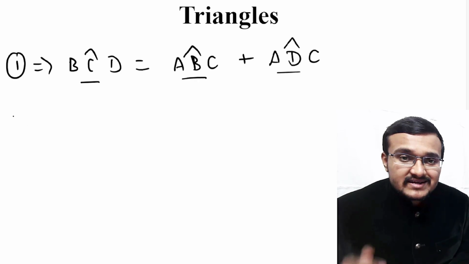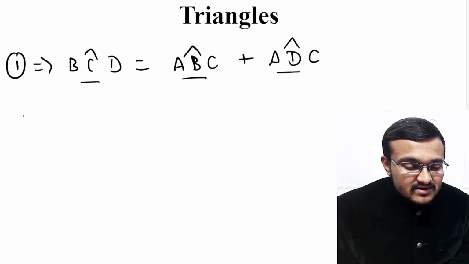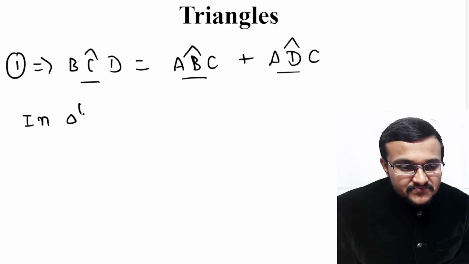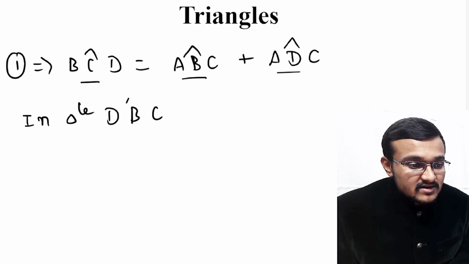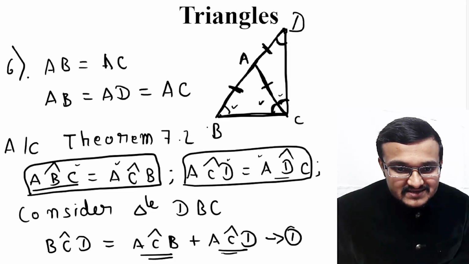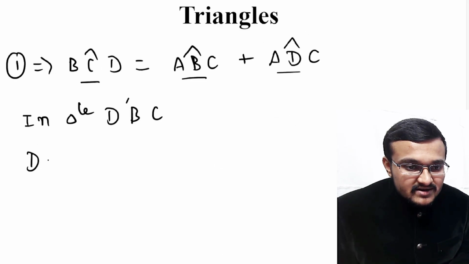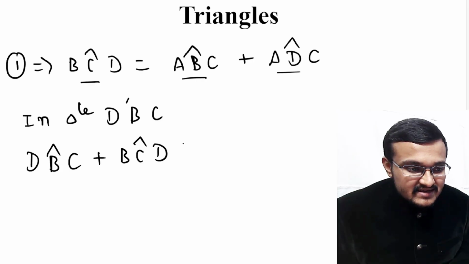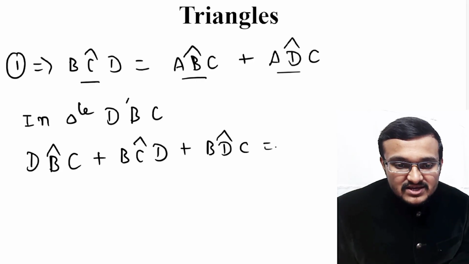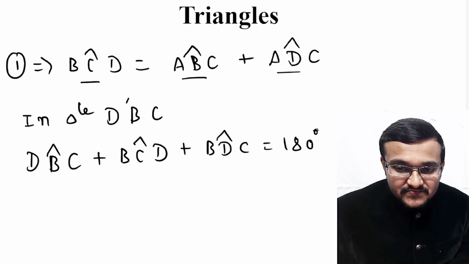So now the interior angles of triangle DBC: in triangle DBC, the interior angles are DBC, DCB and BDC. If you add all these together, it will be equal to 180 degrees.